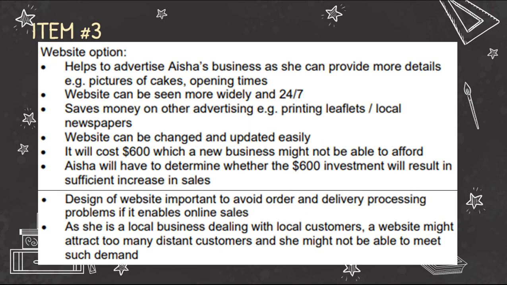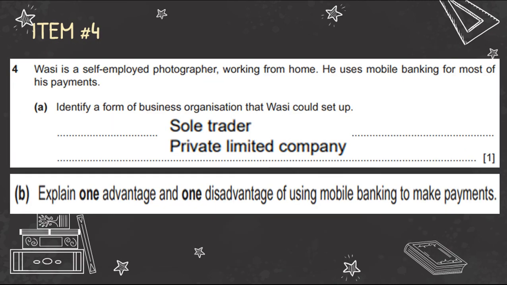Another explanation is the easiness for Aisha to update her website and to connect with other people. It's easy to access. And thirdly, a website has a long-term benefit, unlike giving discounts.